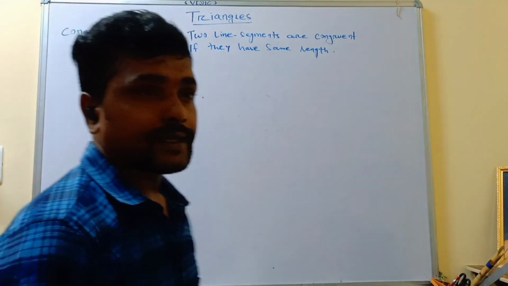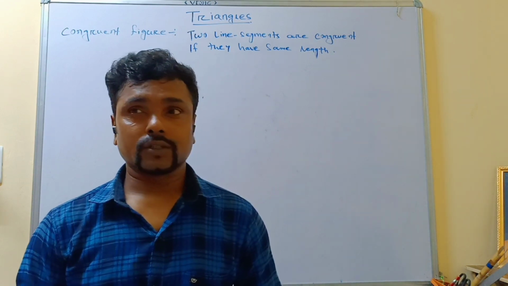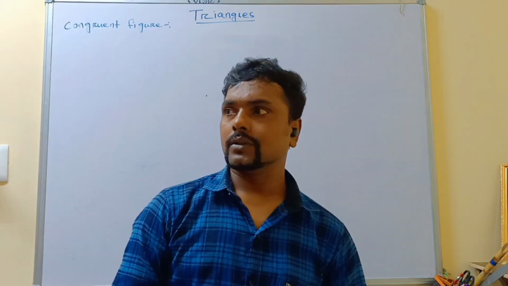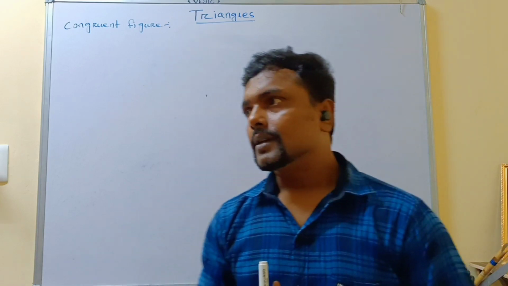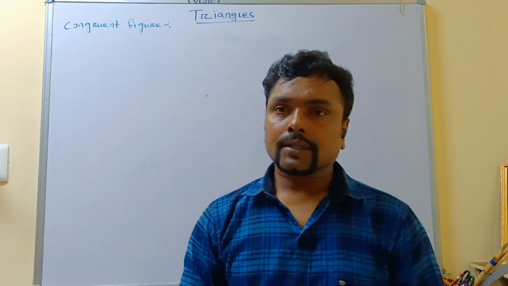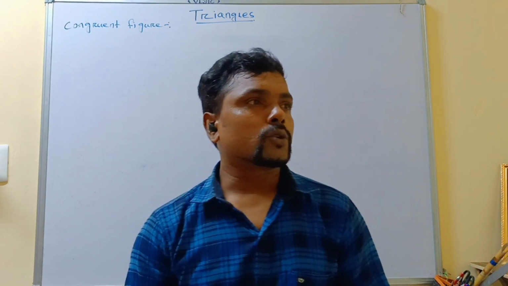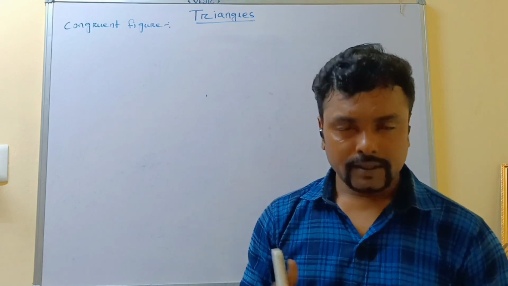Similarly, we can say two angles are congruent if they have same measure. Similarly, we can say two squares are congruent if they have same length. Similarly, we can say two circles are congruent if they have same radii.